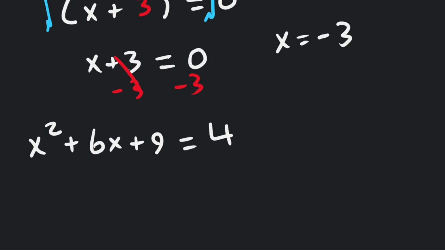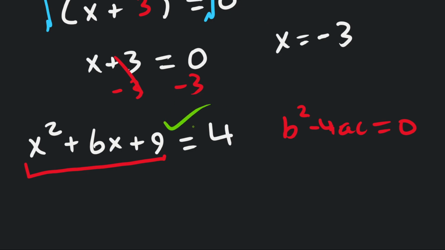Well, we know that this trinomial right here, x squared plus 6x plus 9, as we saw from above, its discriminant, that's b squared minus 4ac, is still 0. This is still a perfect square trinomial.